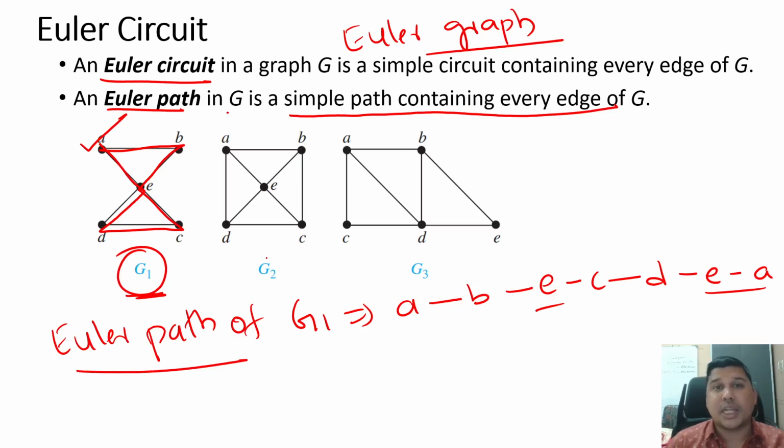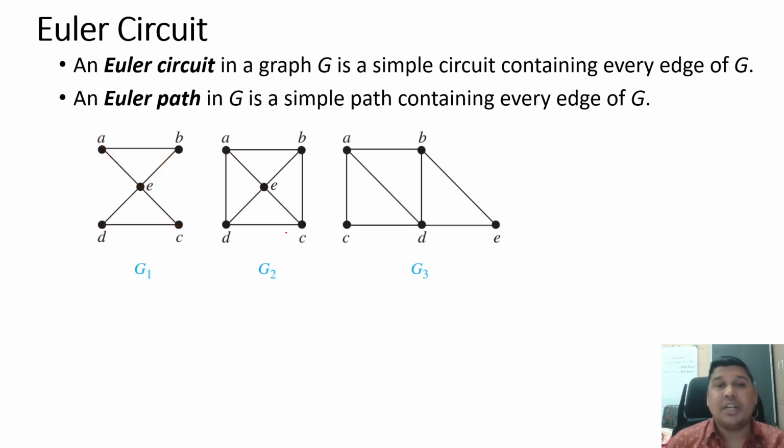When you start at a point to find the Euler path and come back to the same vertex, we say it has Euler circuit. So any graph which has Euler circuit, that is, Euler path and Euler circuit both, is called a Euler graph.